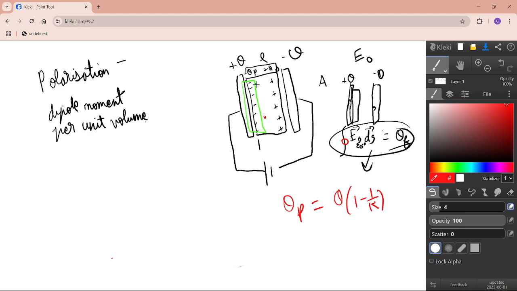See, the electric field due to this dielectric is Q upon A epsilon naught, and due to the conductor, it's QF upon A epsilon naught, and of course, opposite sign, is the net electric field, right?